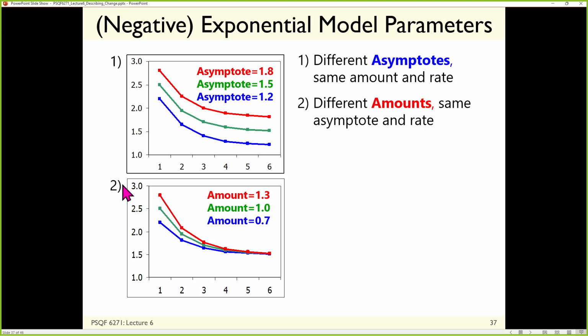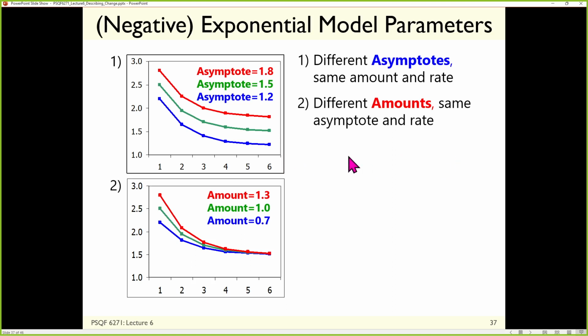So these 3 lines differ in where they start, and consequently, they must differ in the total amount of improvement that it takes to get down to this common asymptote. So it's one or the other. And you can take asymptote plus amount and get back to intercept as the initial predicted starting point for these functions.